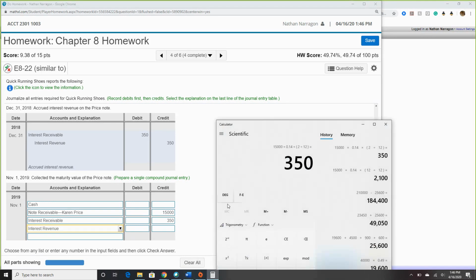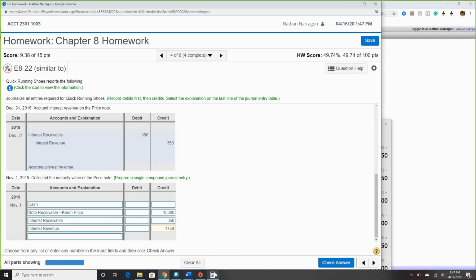Well, since I know the total is 2,100, all I need to do is subtract from the total, and boom, there it is, 1,750.